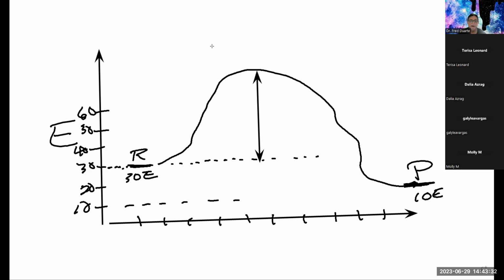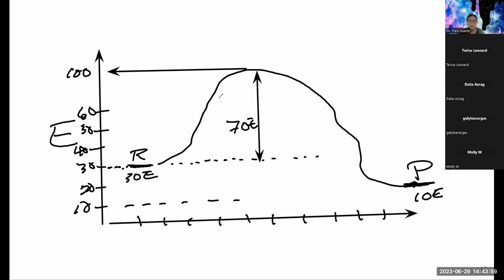If I go from the top of the hill to, say, the energy level there, that could be, I don't know, for argument's sake, let's just say 100 units of energy, okay? So that's 100 units of energy. That's 30. The difference between 100 and 30 is 70 units of energy.